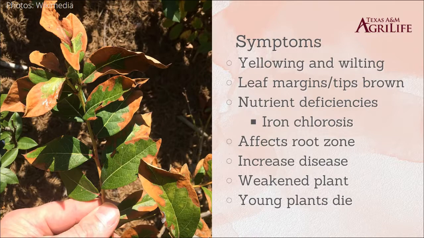You can see that leaf scorching on the edges. Eventually, if there's an improper application of fertilizer, it will affect the roots. That can increase disease and weaken plants. I think in general, from what we hear and see in extension, over-fertilizing probably happens more often with houseplants. It can definitely happen anytime, but houseplants probably a little bit more.